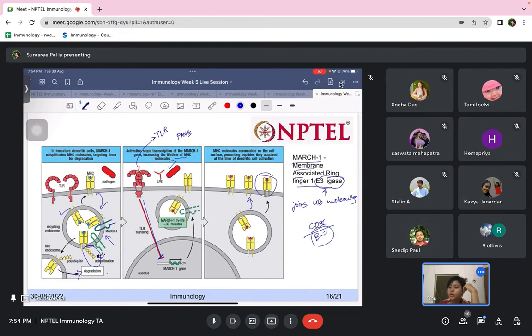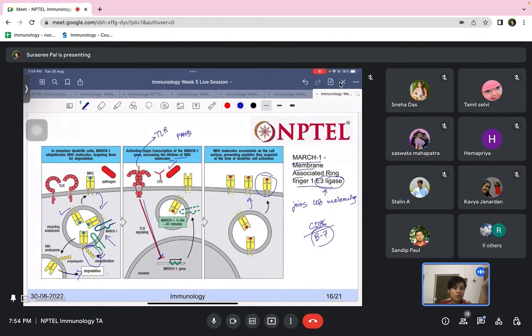So it is always expressed, found in the cytosol, and it is an agent which will degrade the proteins that are necessary to be degraded, right? This is a very small protein.